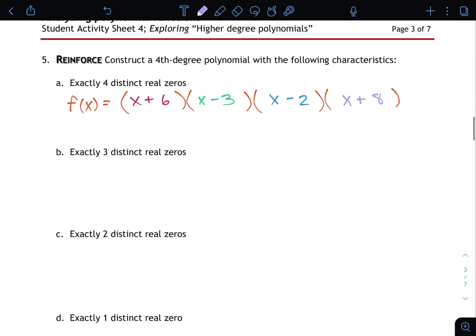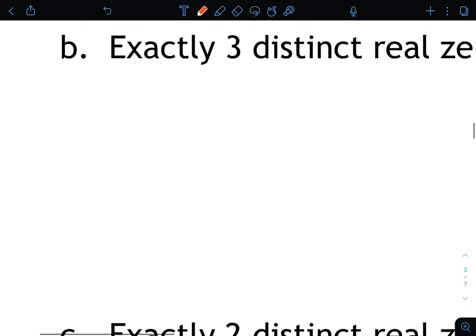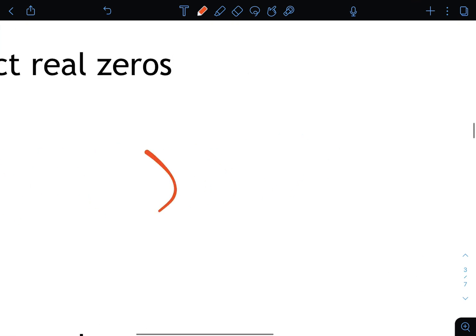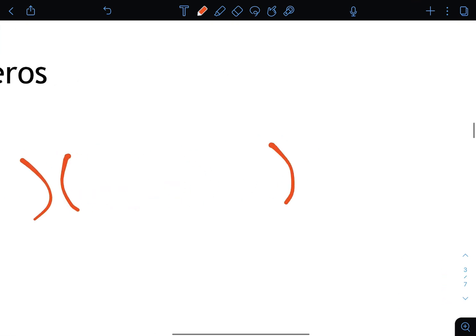All right, for the next one, we want exactly 3 distinct zeros. So we're still working with this 4th degree polynomial, but now we only want 3 distinct real zeros. So my function equals, I'm going to give myself 4 groups.